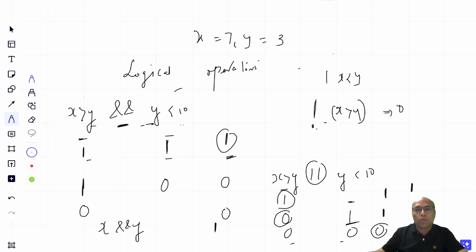If I put NOT before, I'll get 1. If I say x is 7 and I put NOT before, I am going to get 0. If I put NOT and then NOT, what is going to happen? I get 1. Why? Because NOT 7 is 0, and NOT 0 is 1.